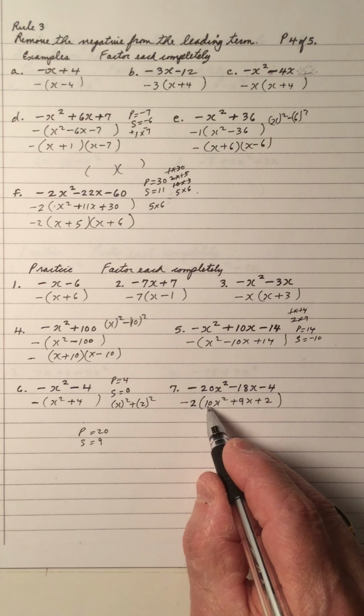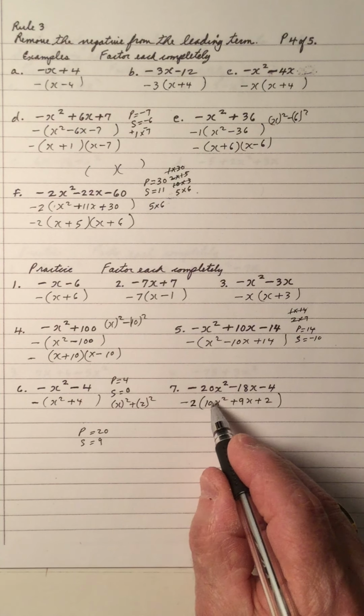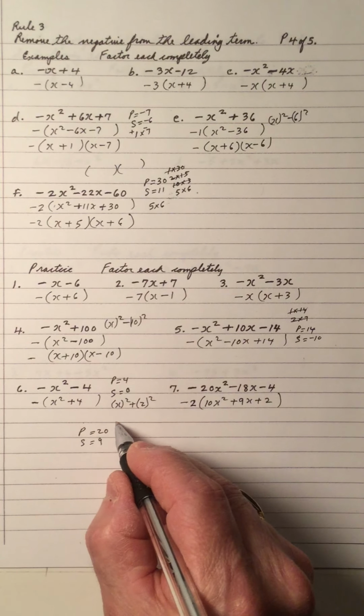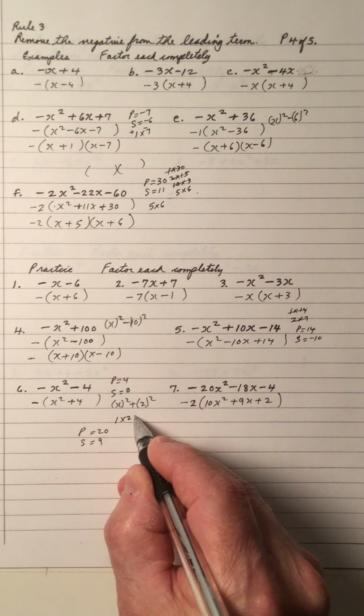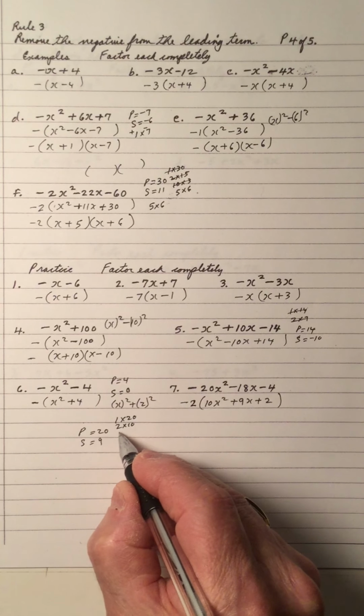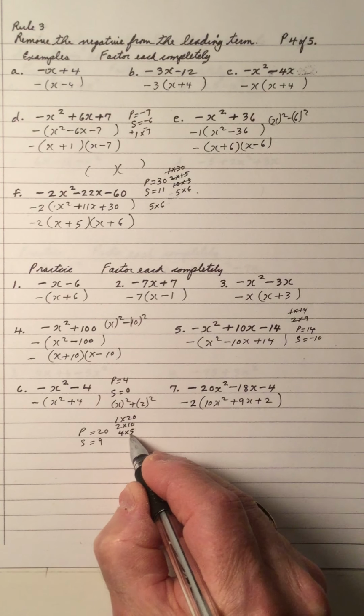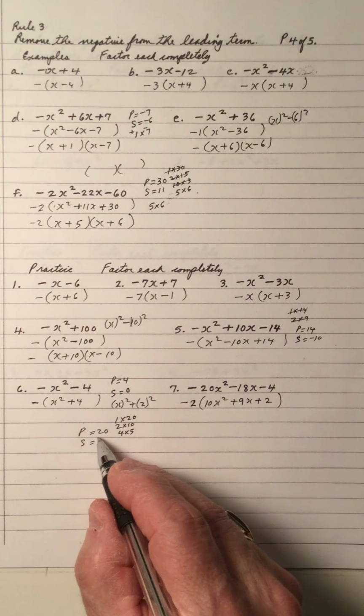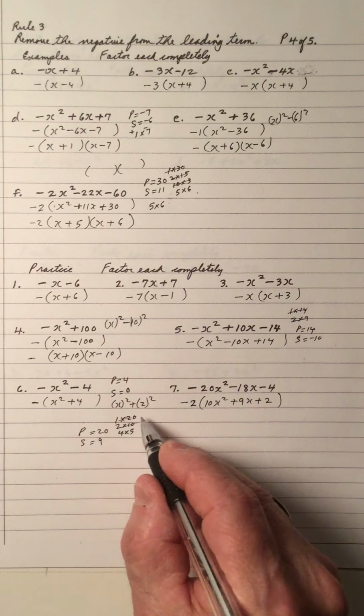So I got a 10. That can't go any further. So I have to go, product is 20, sum is 9. So the factors of 20 are 1 times 20, 2 times 10, and 4 times 5. So what factors of 20 give you 9? 4 and 5.